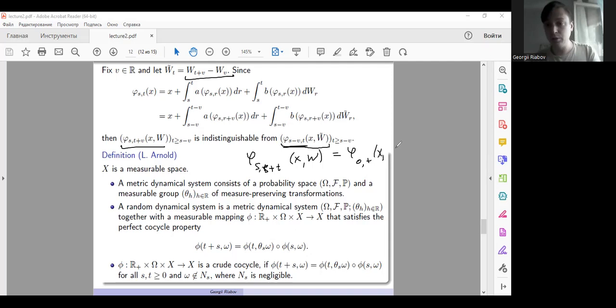And this shift is usually denoted by theta.